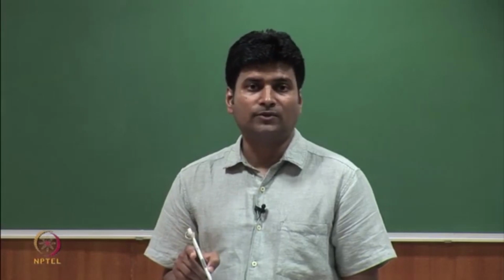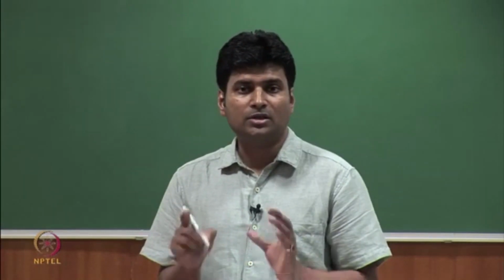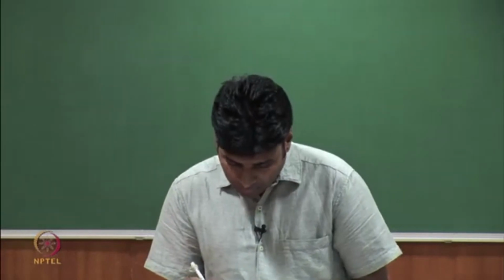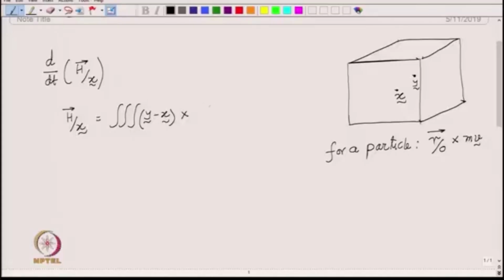Remember, we are doing things in the center of mass frame. So, the momentum of that particle is simply the mass, which is dm, because it is a small particle, times the velocity of the particle y relative to the center of mass, which is x.